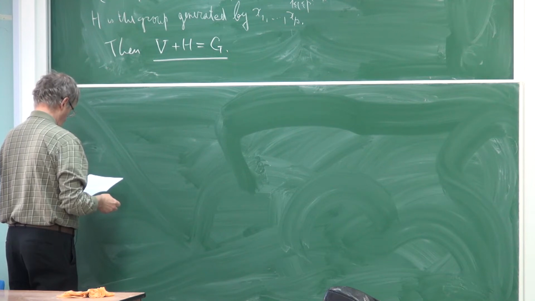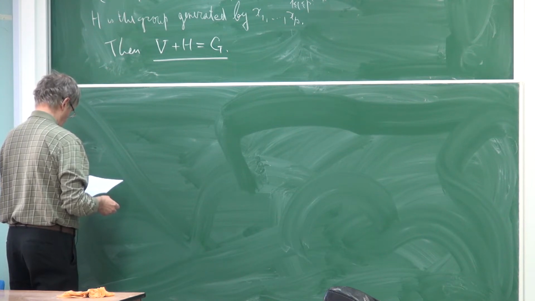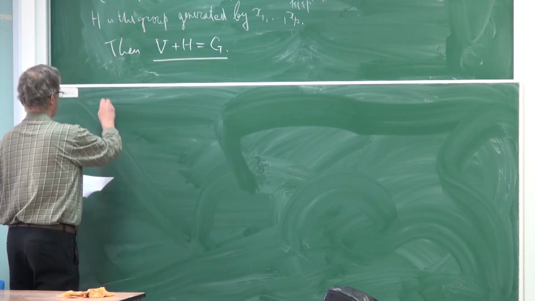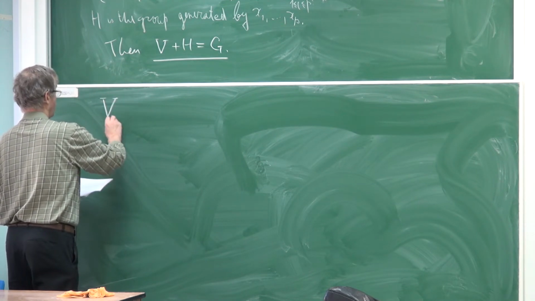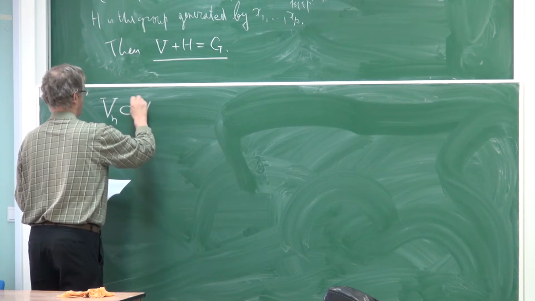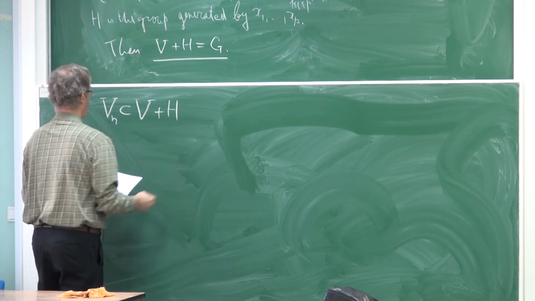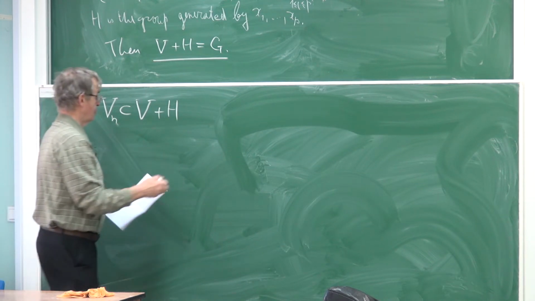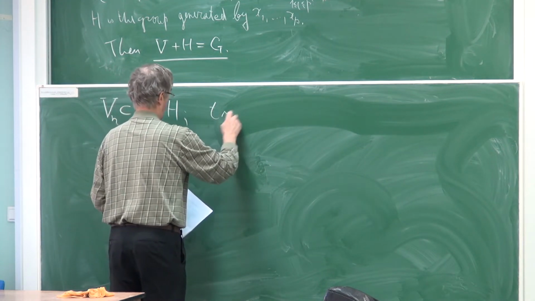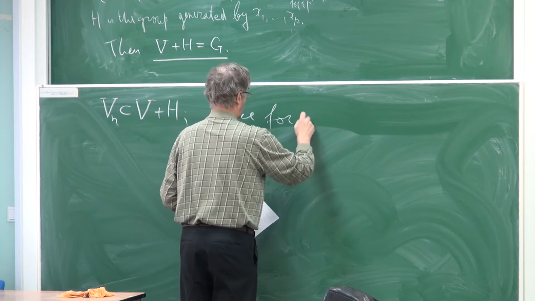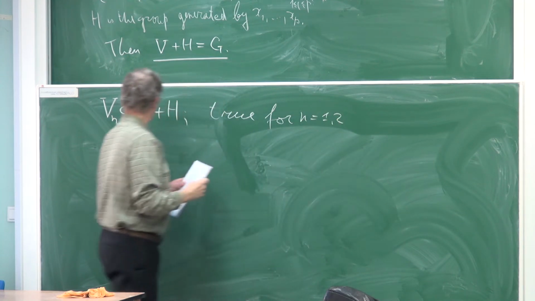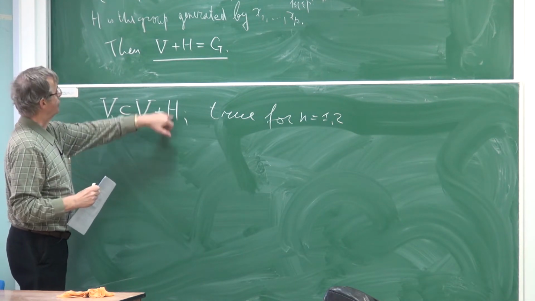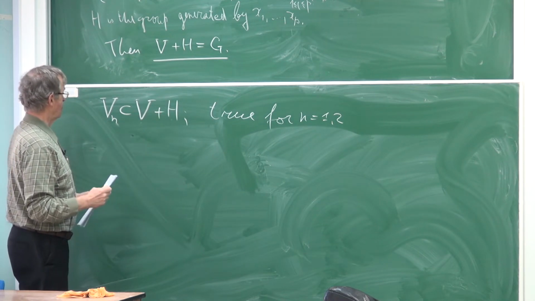We shall prove by induction the following conclusion: Vn is included in V plus H for all n. So this is certainly true for n equal to 1 and 2. If n is equal to 1, then V1 is V, and H is a group, so it contains 0, so this is certainly true.